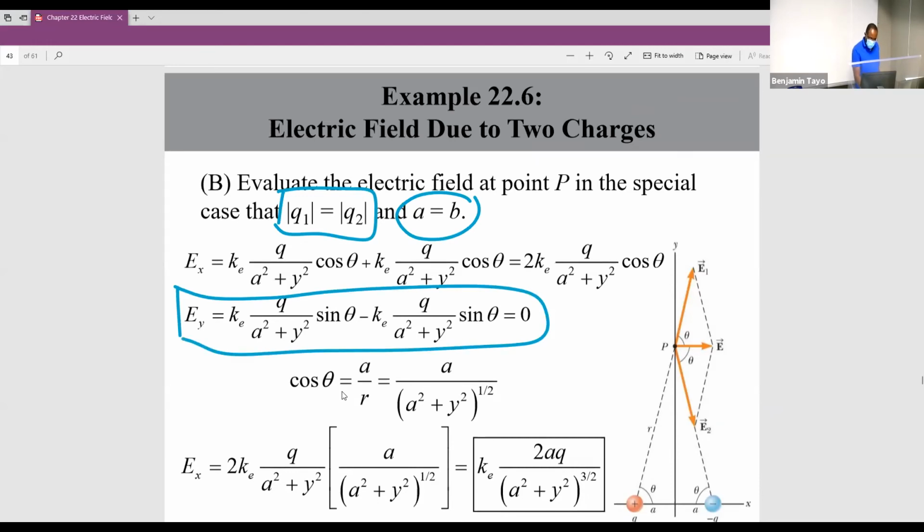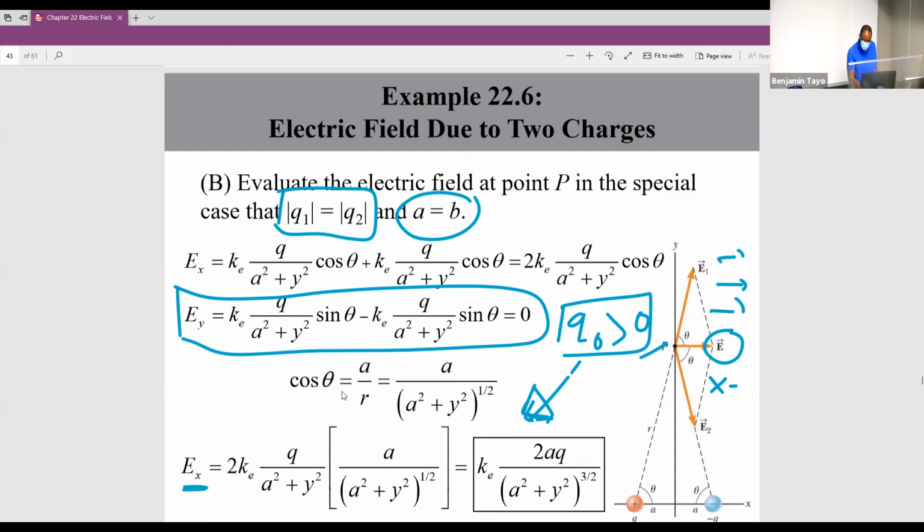And so you only have an X component, which is given by this value here. So in this example, the electric field is pointing in the X direction. So it means that if you take the test charge Q naught, a positive charge, and place it at this point, the force is going to be acting in that direction.